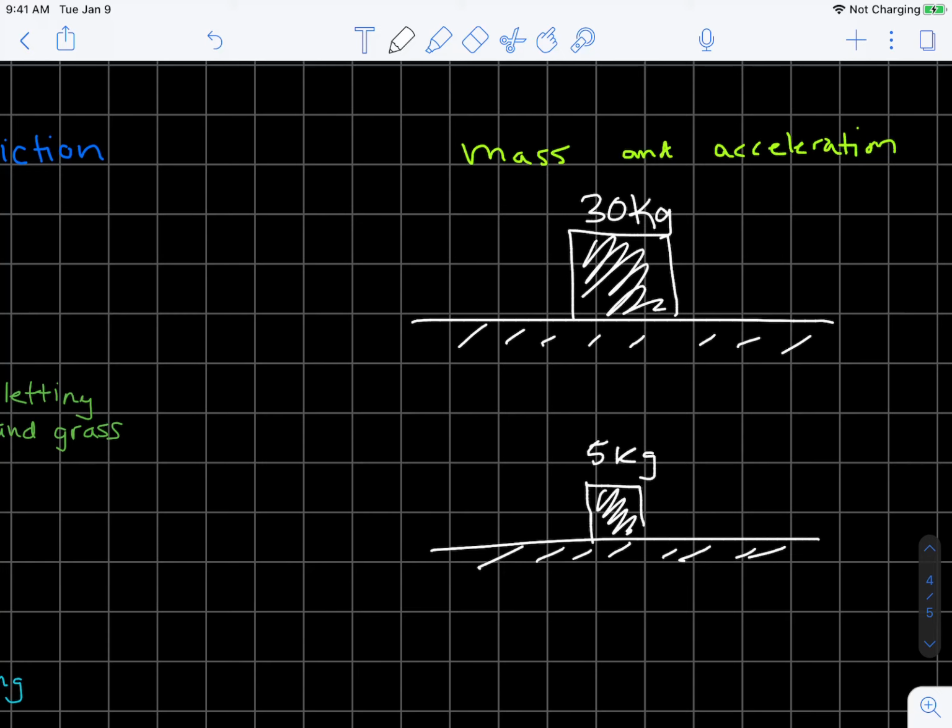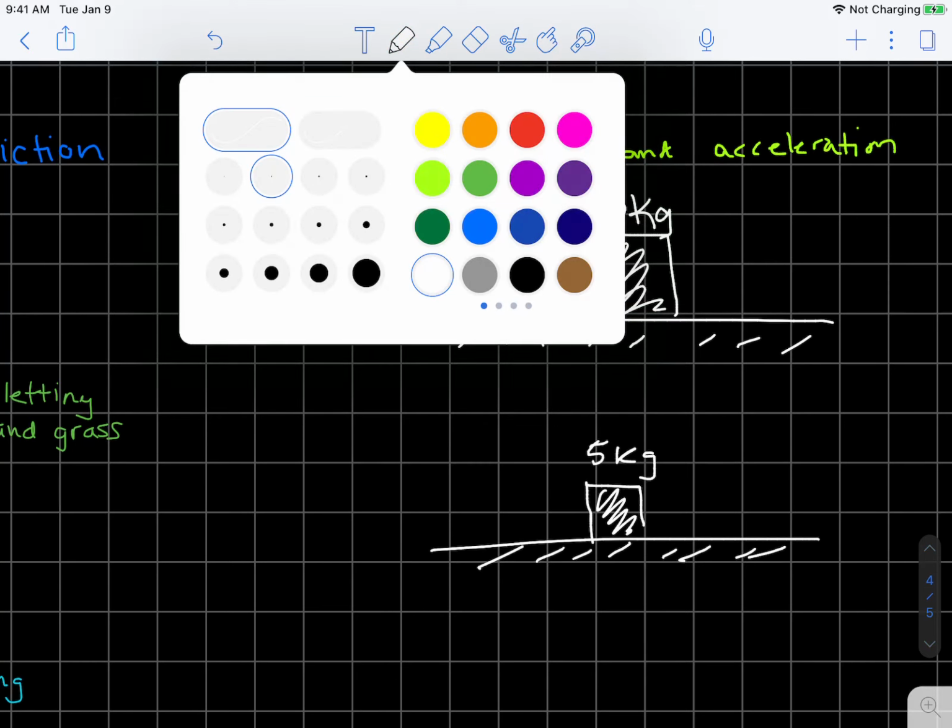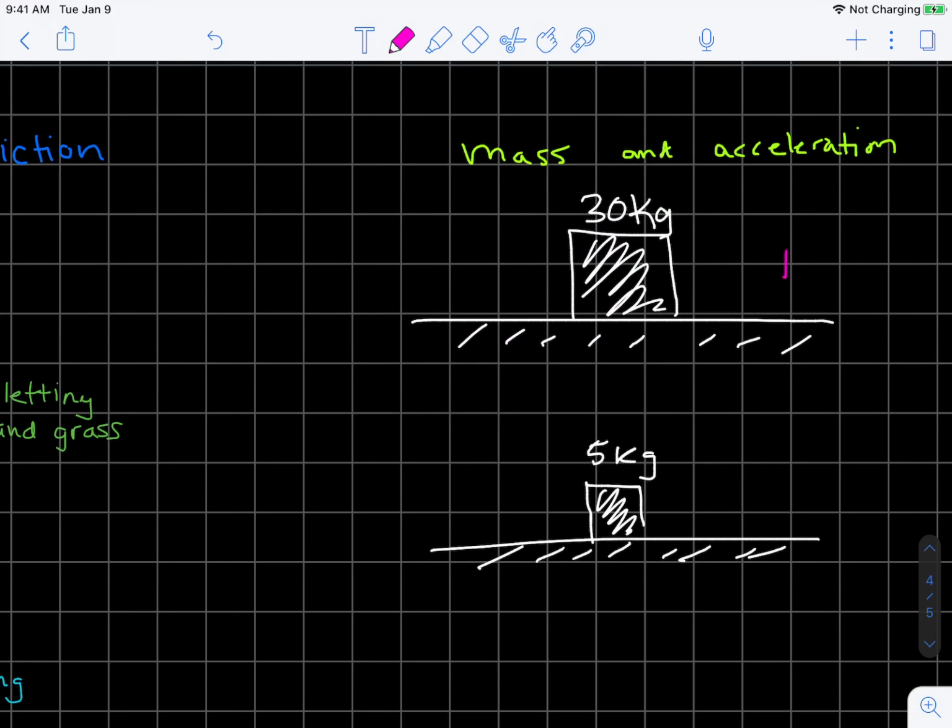Because it has to do with the surface and the contact, I'm not really concerned about the weight of the box as much as the normal force. The normal force is high here, and lower in this particular case.